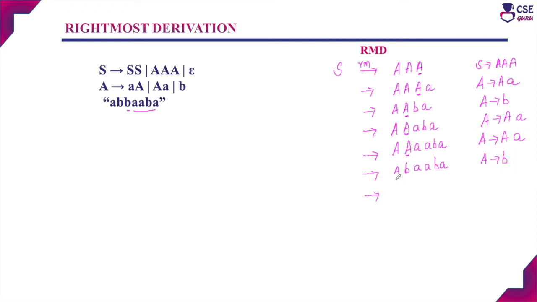Next, only one non-terminal is there. We need to get a and b in the string, so the appropriate production rule will be A derives AA. Next, only one non-terminal symbol is there, and we need to get the character b in the input string, so A derives b.